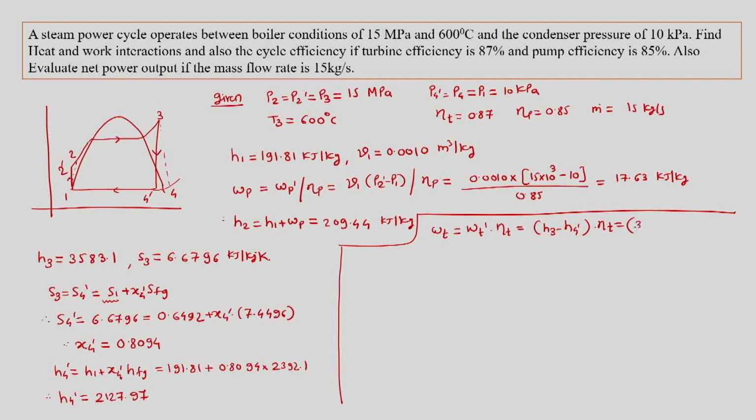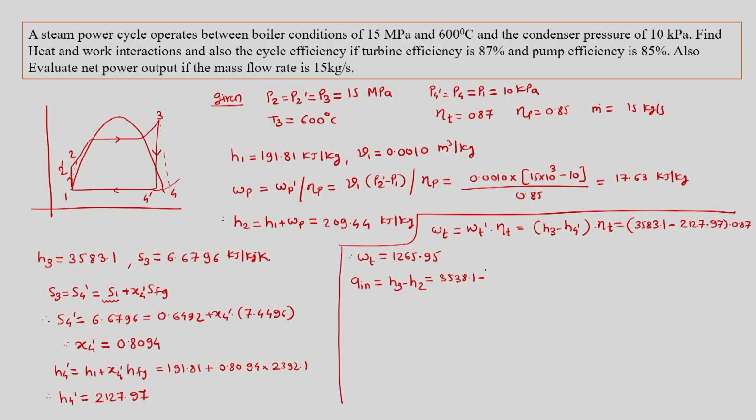We have noted it as 3583.1 minus 2127.97 into 0.87. So we get real turbine work using this as 1265.95.